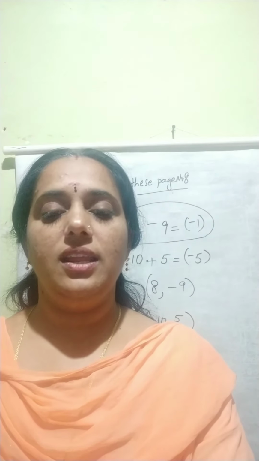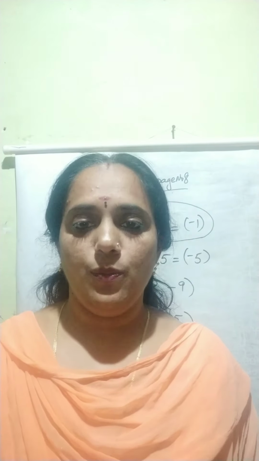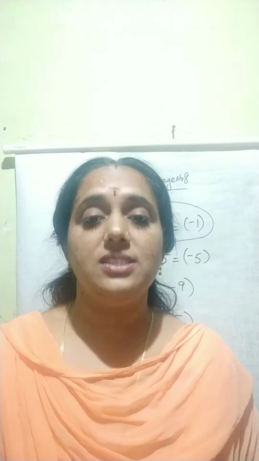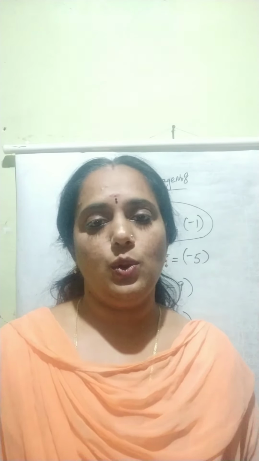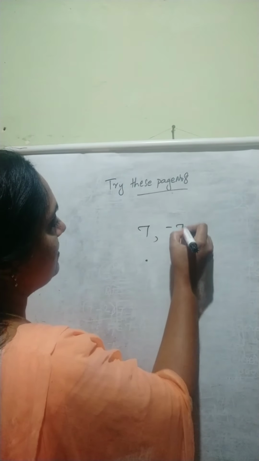Okay. Then the next question. When we are adding two integers, we have to get 0. Here we have studied sum of additive inverses are always 0. So the additive inverse of 7 is negative 7.